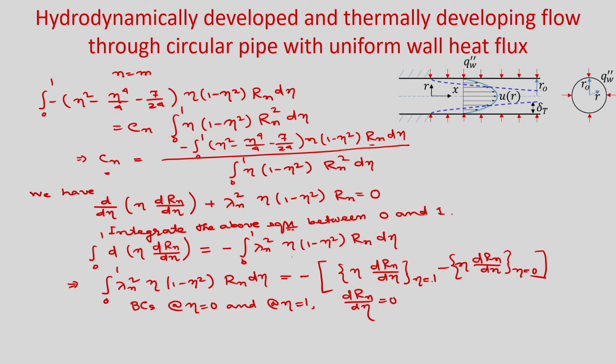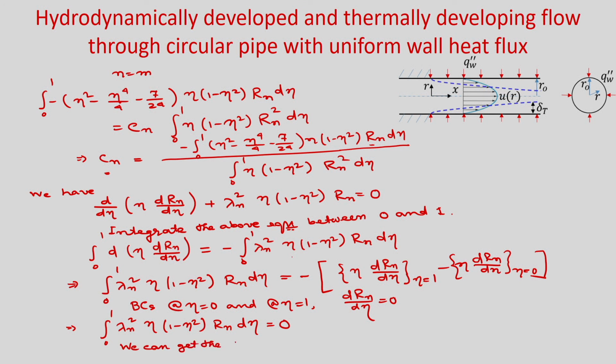You can see that these two terms will become 0. Hence you will get integral 0 to 1 of lambda_n squared eta (1 minus eta squared) R_n d eta equal to 0.